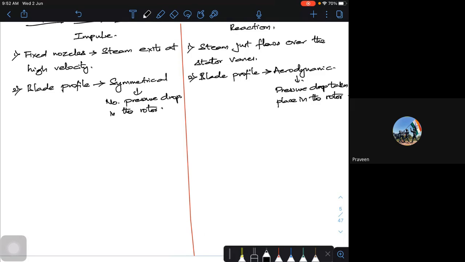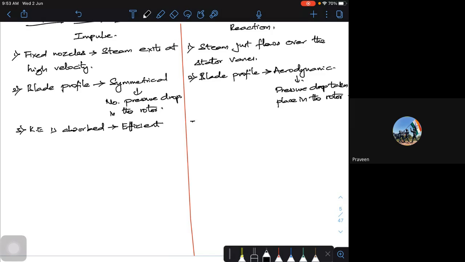The third difference: the absorption of the kinetic energy is much better in the impulse rotor. It has been found to be more efficient.